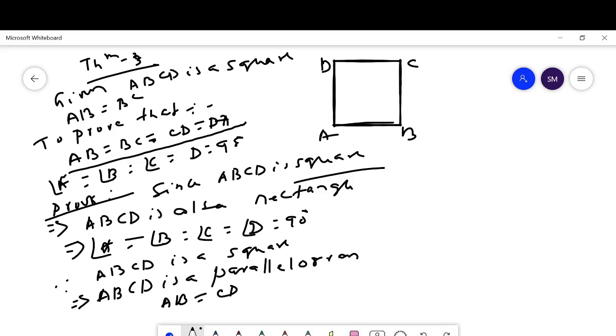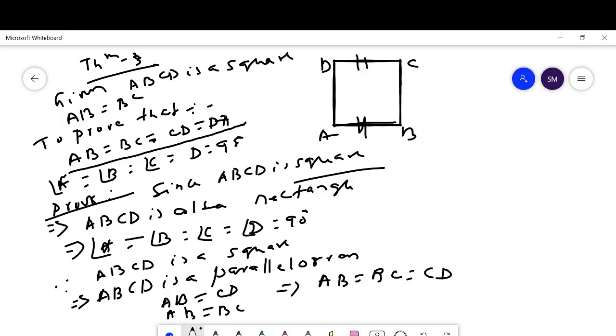As ABCD is a parallelogram, which implies AB is equal to CD, but the given condition is AB is equal to BC, which implies AB is equal to BC is equal to CD.